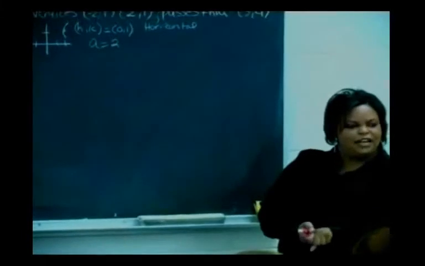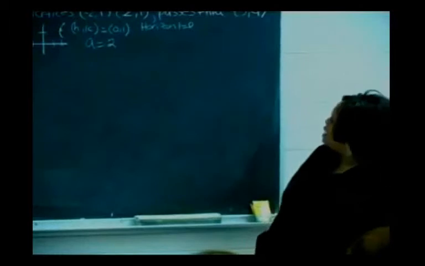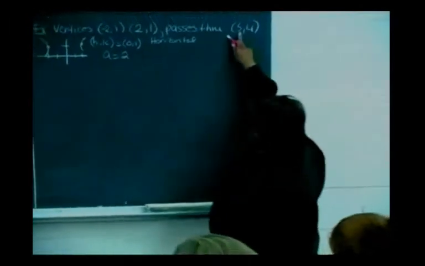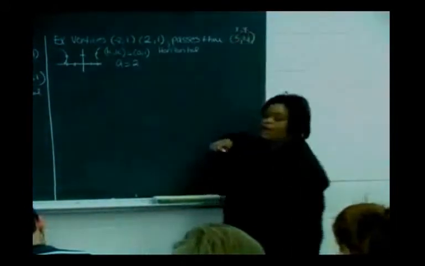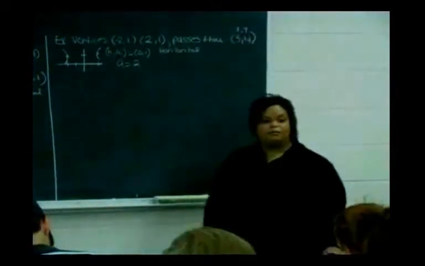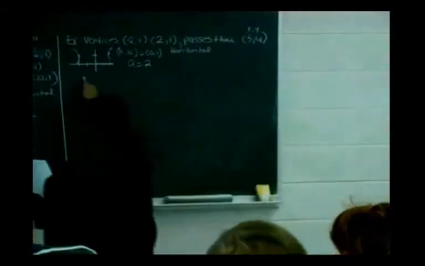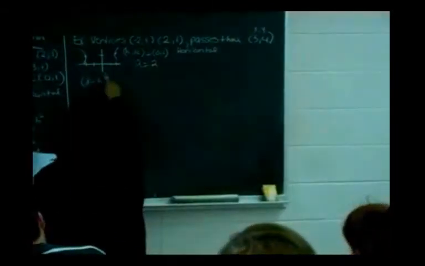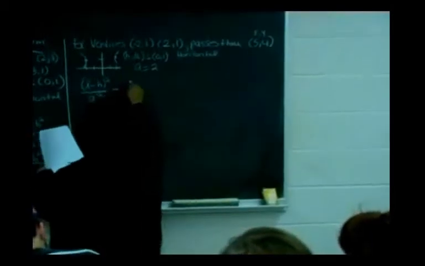I need to find B. And I can find B. Now they tell me that this hyperbola passes through the point 5, 4, which is some xy on the hyperbola, isn't it? So if I can write my standard form, x minus h squared, I know it's horizontal, so my x squared over a squared comes first.